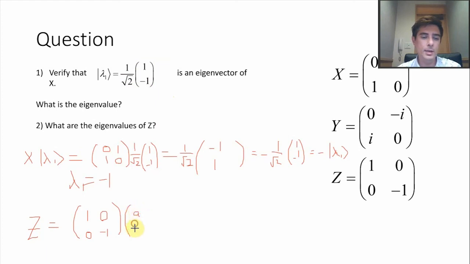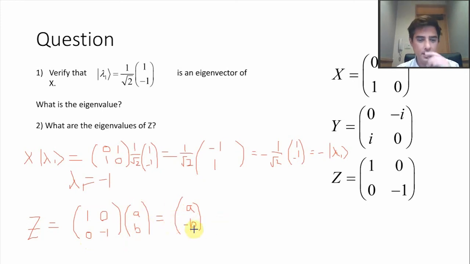Say I took any arbitrary vector (a, b), then what I get is a, since 1 times a plus 0 times b is a. Here it would be 0 times a minus 1 times b, so minus b. So we've just about got the original vector, but it's clearly not an eigenvector for any values of a and b, because obviously (a, b) is not the same as (a, minus b).